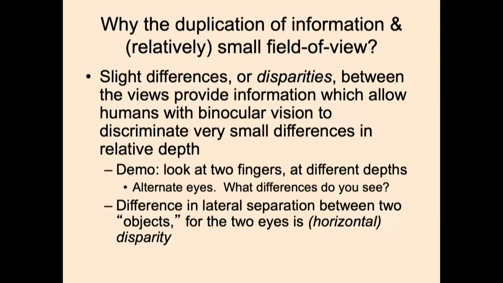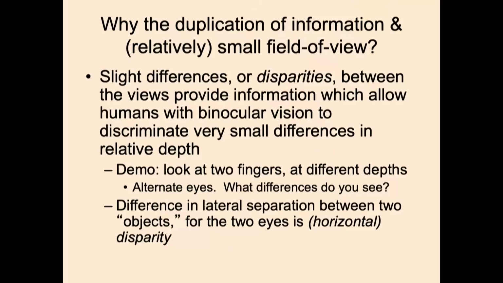So there's a huge part of the visual world that is not visible to you. But what you get in return is disparities between the two eyes. Your two eyes are in slightly different positions, and so they take slightly different images of the world. Those differences provide information that allows us to discriminate very small differences in relative depth.